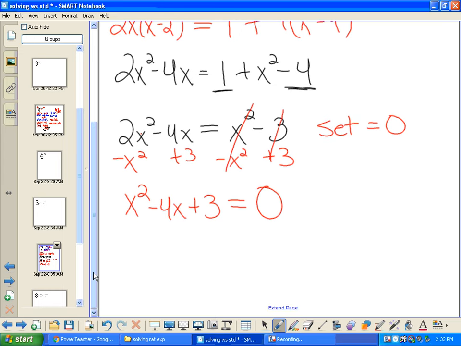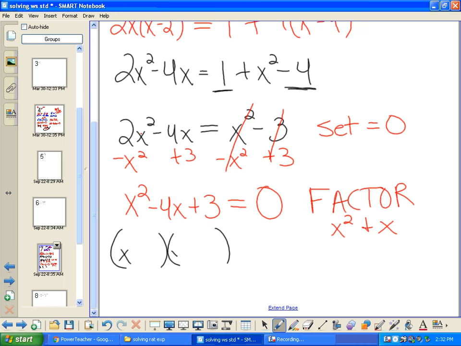Now we have to factor, because we have an x squared and an x. X and x gives me x squared. 3 and 1 would give me 3 when I multiply. What signs do I have to get a negative 4 if I add these numbers?